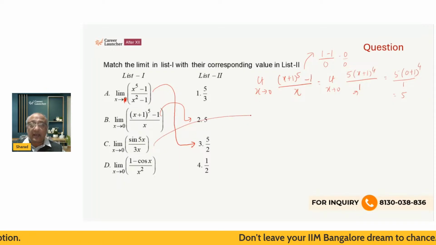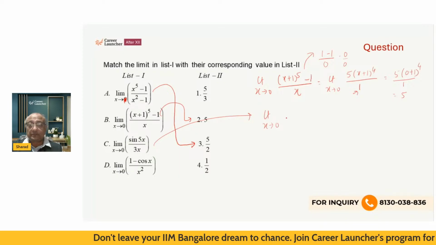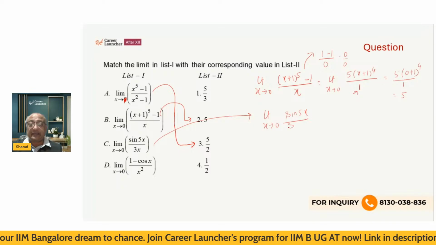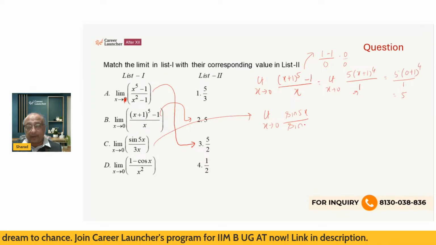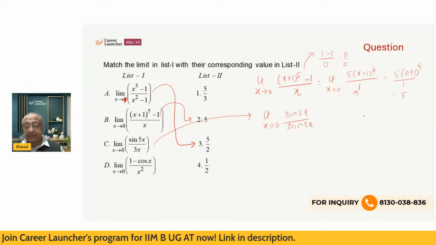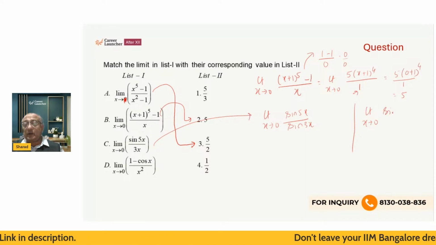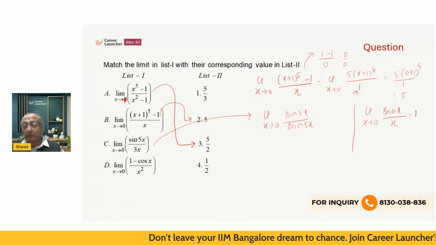Now let us again solve this question. Limit x tends to 0, sine 5x upon sine 3x. You have to remember this formula, which is here. For getting out of this, limit x tends to 0, sine of x upon x is equal to 1.